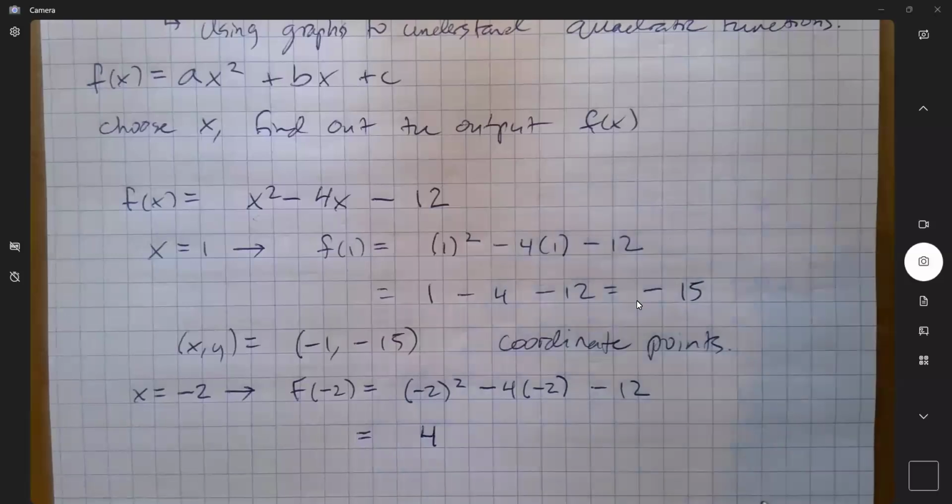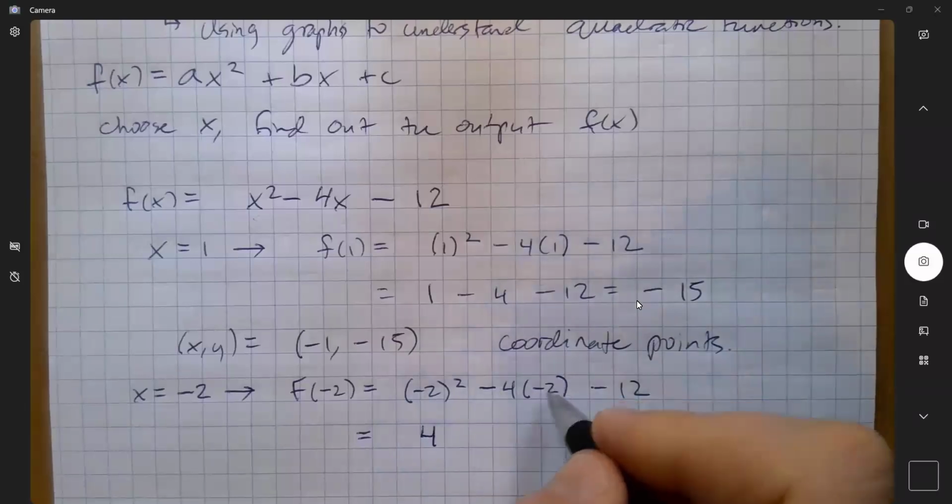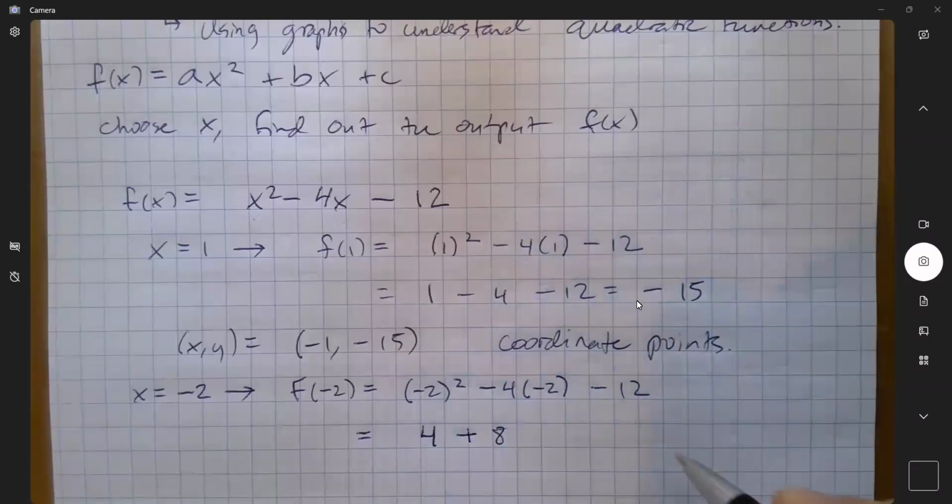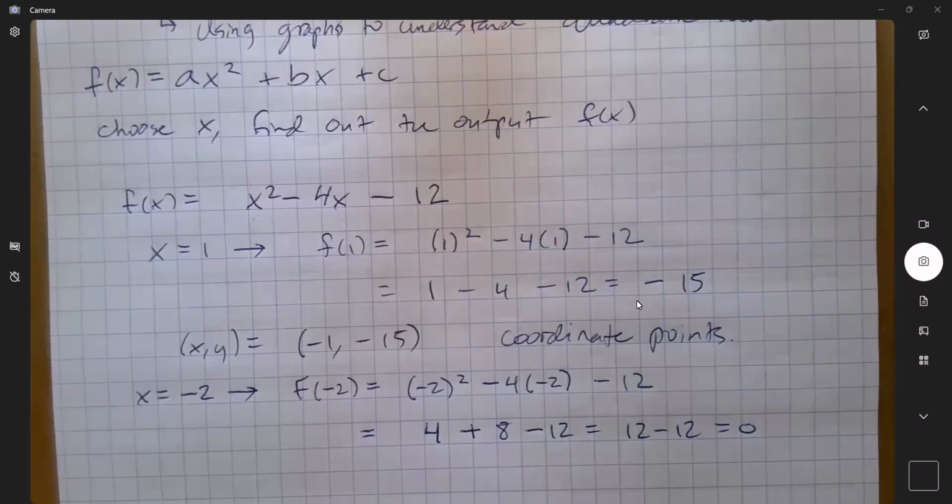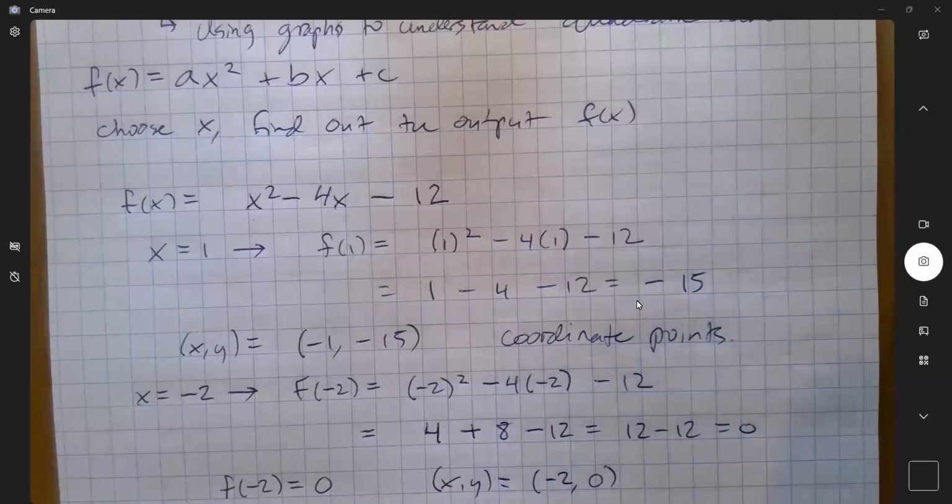Negative 2 squared is 4. Minus 4 times minus 2 is actually positive 8. And then I subtract the 12. That's 12 minus 12, which equals 0. That's interesting. So that tells me that f of negative 2 equals 0, or the point xy equals negative 2 comma 0 is on the graph, and that's an x-intercept.